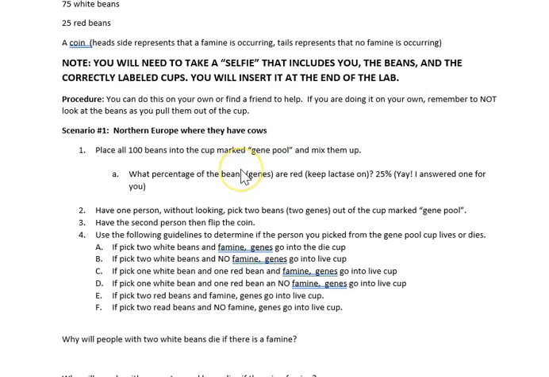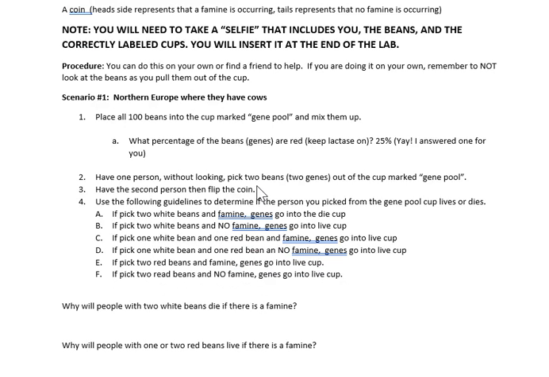Basically you're just going to pick out two beans, which mimics getting two genes. And depending on the coin flip, that's going to determine whether that person survives or doesn't survive, which means do those genes survive or not survive. And you're going to look at the percentage of genes of the lactase persistent that goes on from generation to generation.